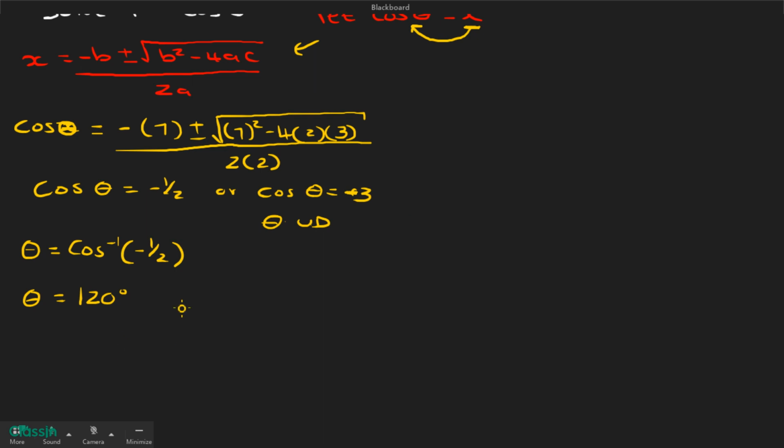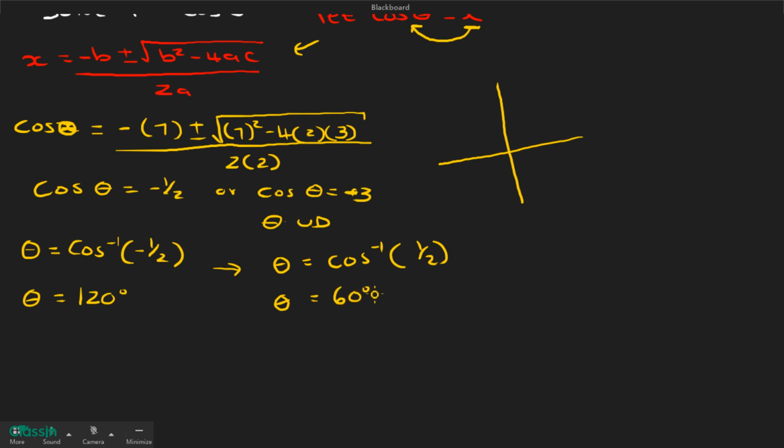Then if we represent this on a Cartesian plane, we first take our theta as positive, not as negative. So we start by saying theta is equal to arc cos of 1 over 2. Then we ignore the negative.